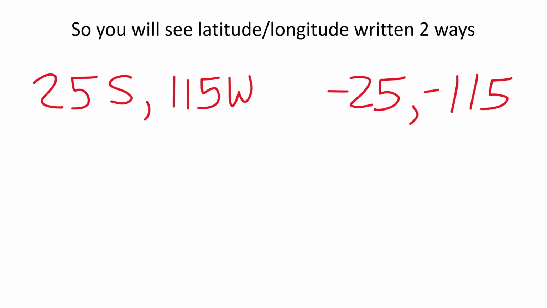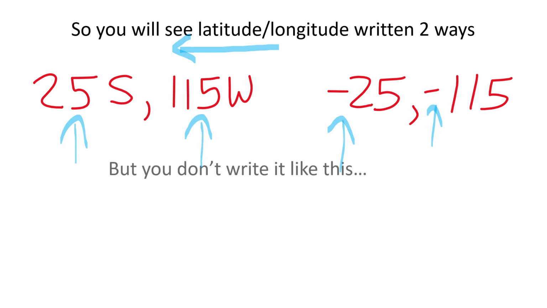So you're going to see this written two different ways. This is 25 south. Well, south is below the equator, so we could also call that negative 25. 115 west is going this direction from the prime meridian, which we associate with a negative direction in algebra, so we'd call that a negative 115. You can write latitude and longitude either way. Both are acceptable.